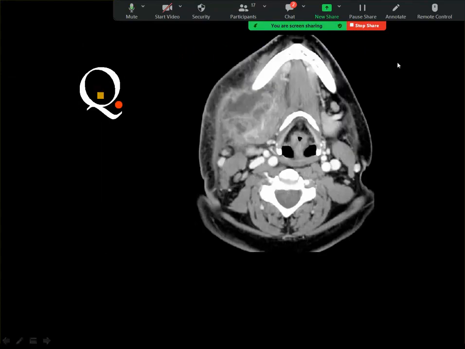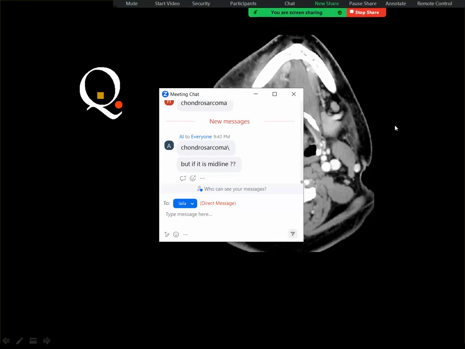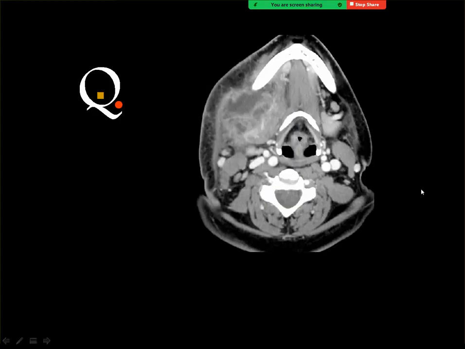And this is a post-contrast CT scan of the mouth floor. Chondrosarcoma can occur in the midline and can occur off the midline, depending on the site of origin.